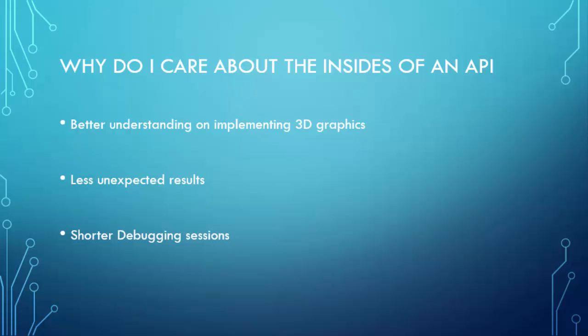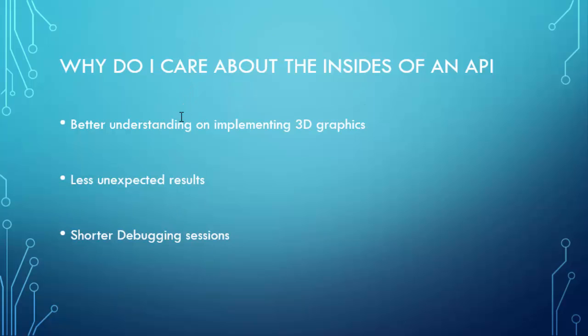So why do I want to care about the insides of APIs? Well, if I have a better understanding of the insides, I'll have a better understanding of how to use it. For example, a computer. People that don't know what's inside a computer will pick up something that's advertised to them as being good. But many of you watching this will most likely understand what a CPU is and a GPU, and therefore will know what to look for when building or buying a computer.